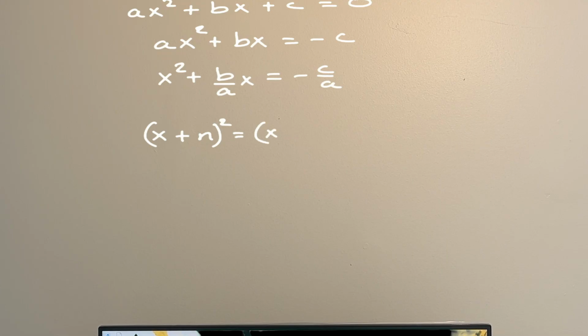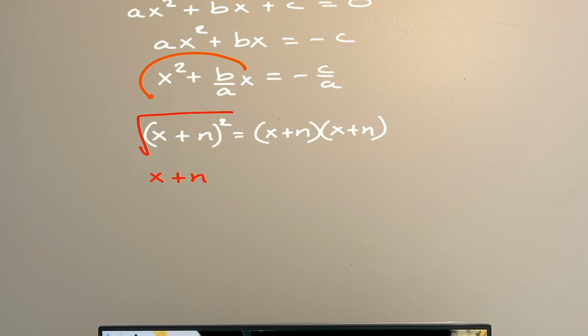We know this is going to be equal to x plus n times x plus n. And if I square this, notice what happens: I get this. So if I can get this side of my equation in this form, I'll be able to square it and get this.